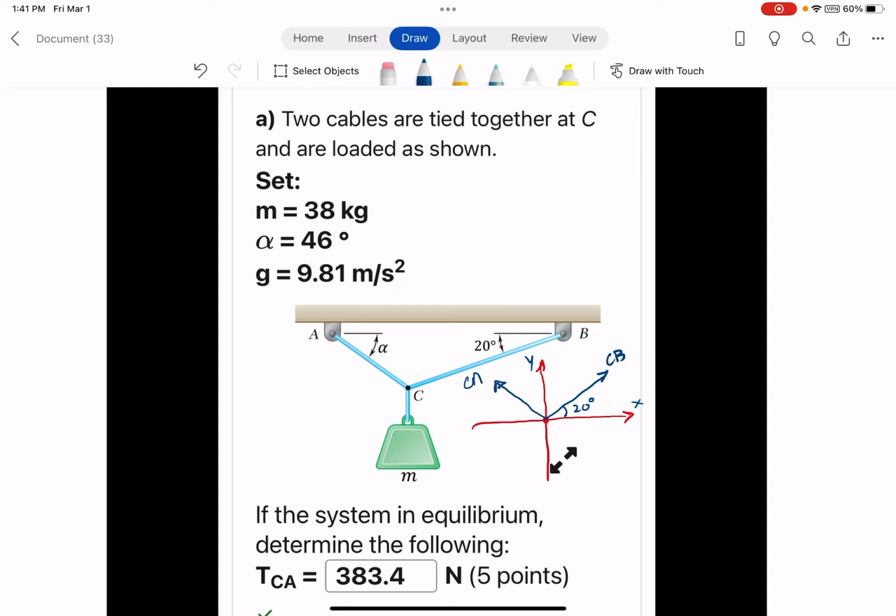I'm going to make them all tension. And alpha is given 46, so 46 with the x-axis. And there is a mass down. What's the mass? The mass is 38, so 38 times 9.81 Newton.